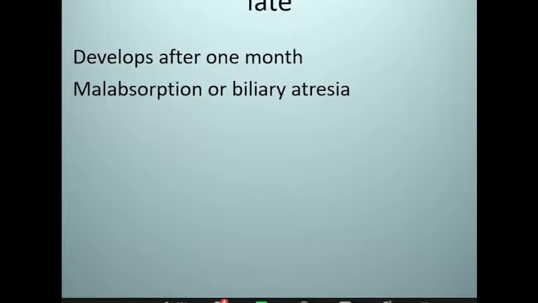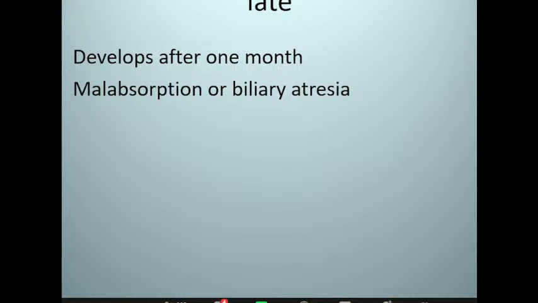The late form develops 1 month after birth, and it can be because of malabsorption or a rare condition known as biliary atresia. So there is poor absorption of vitamin K, usually due to malabsorption. But there is a rare condition where the biliary tract is not fully developed in the newborn.